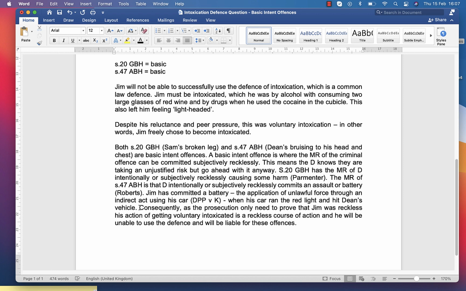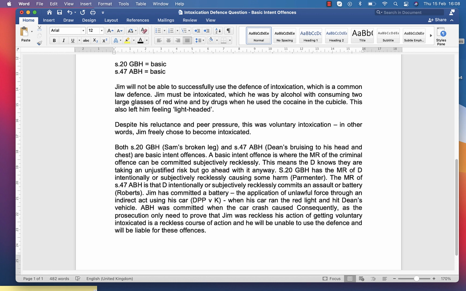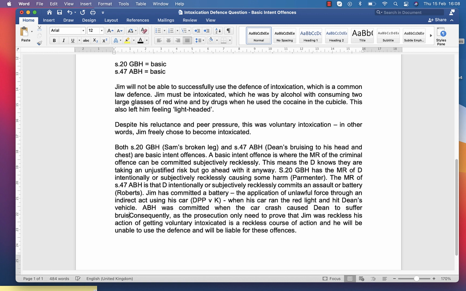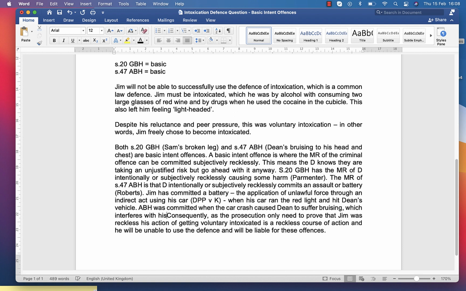So actually, I think I should have put in here, ABH was committed when the car crash caused, I think we had here Dean the driver, caused Dean to suffer bruising, which interferes with his health.